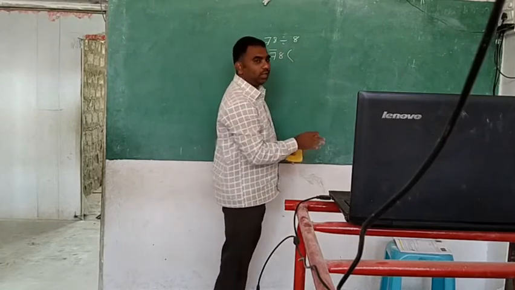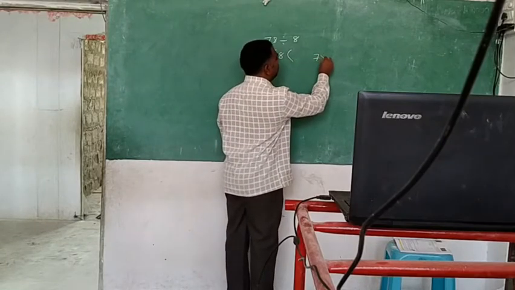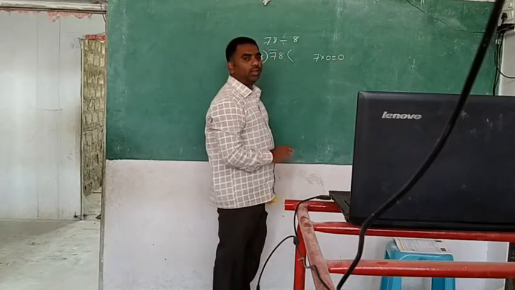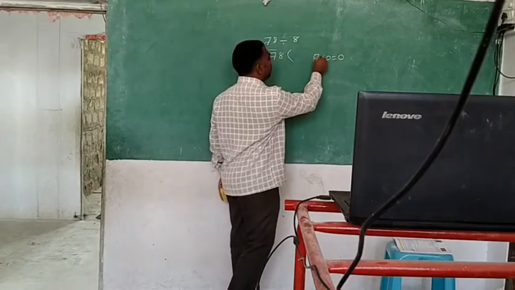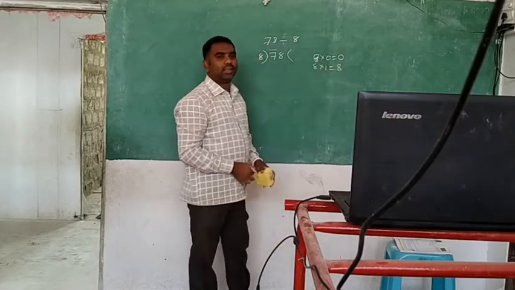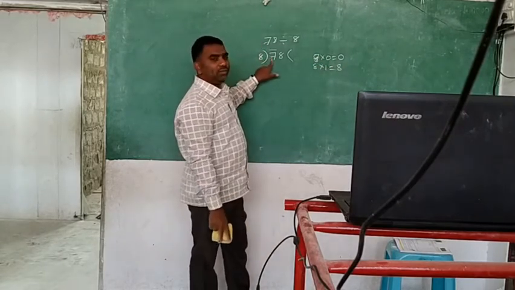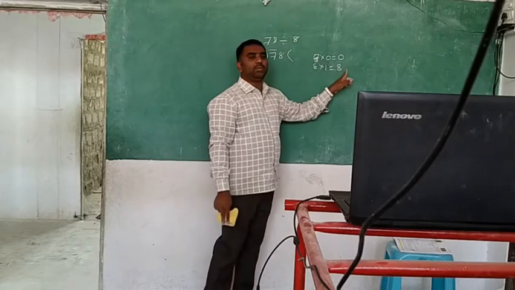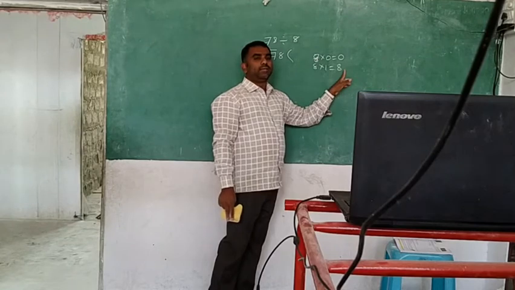Means you see the table. 8 zeros are 0. 8 ones are 8. Here it is 7. We are considering 7. This 7 is not coming in the 8 table.